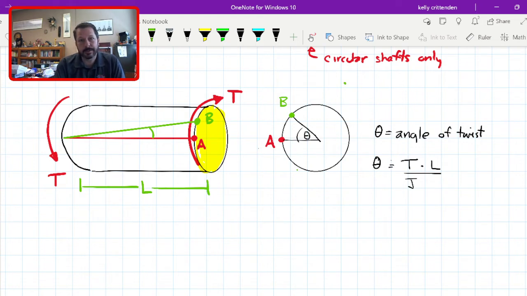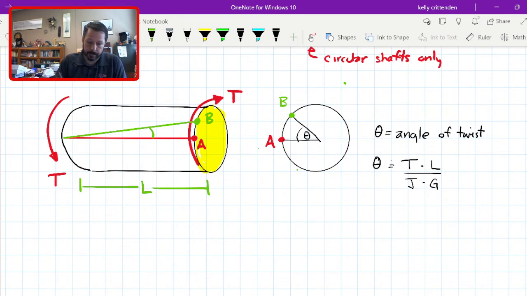So that's representing the cross-sectional area property type things. TL over JG. So G is a new thing we haven't used before. It's analogous to E, the modulus of elasticity.